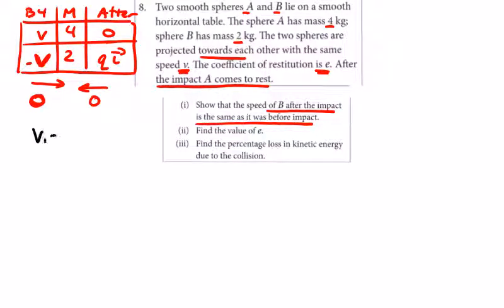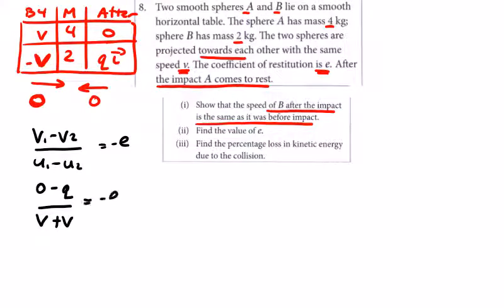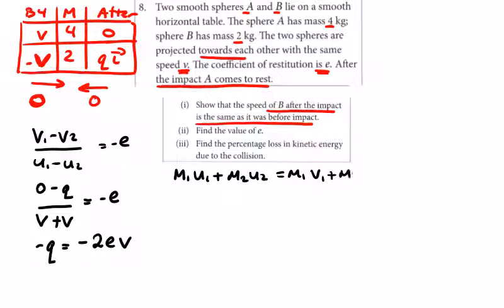So we have V1 minus V2 over U1 minus U2 equals minus E. So we're going to have 0 minus Q over V minus minus V is equal to minus E. So minus Q is equal to minus 2EV, or plus Q is equal to plus 2EV. So we apply M1 U1 plus M2 U2 equals M1 V1 plus M2 V2.